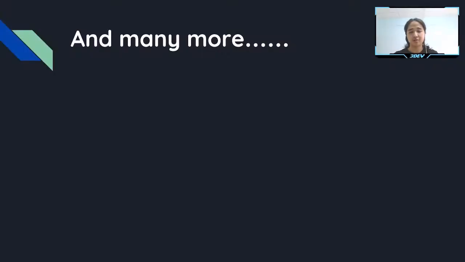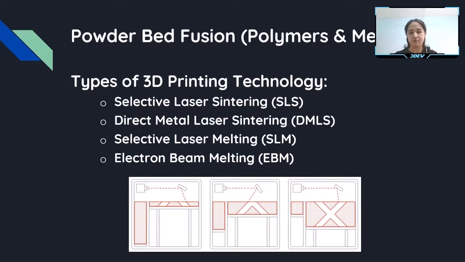Apart from FDM, SLA, or even DLP that you saw in my previous slide, we have many more 3D printing techniques and technologies being used. For example, we have powder bed fusion, which can use either polymers or metals.